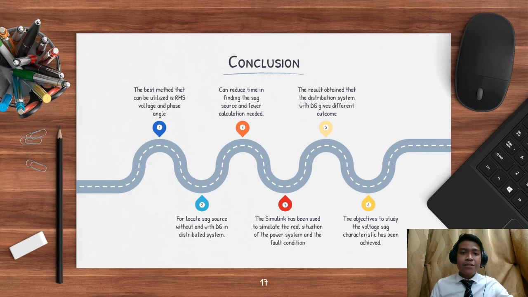MATLAB Simulink has been used to simulate the real situation of the power system and the fault conditions. The results show that the distribution system with DG gives different outcomes compared to the system without DG during the voltage sag. Hence, the objective to study the voltage sag characteristics and simulate the system by developing the best method based on locating the voltage sag source for distributed generation has been achieved.